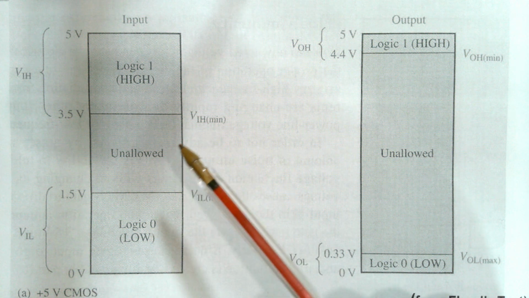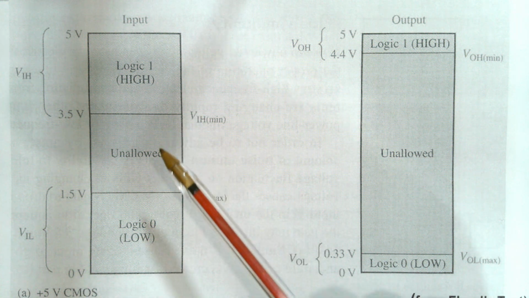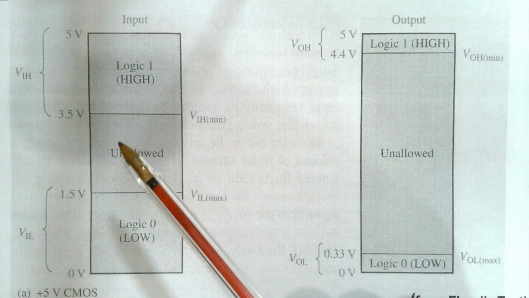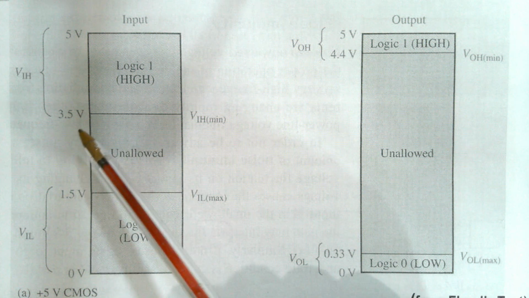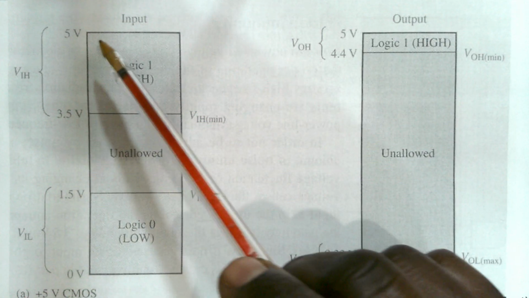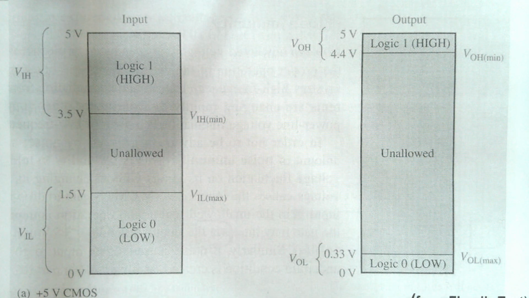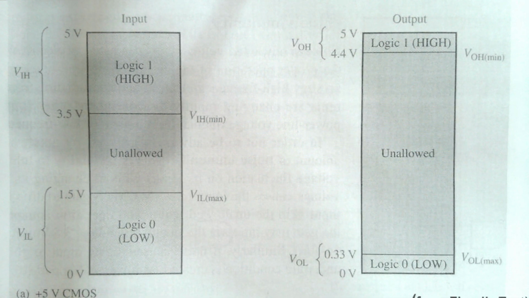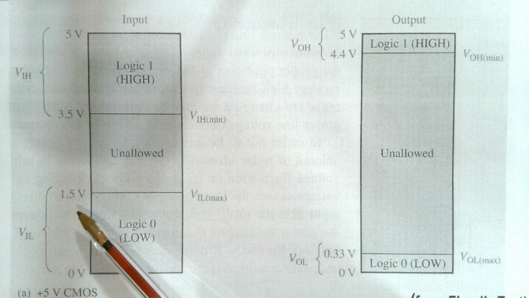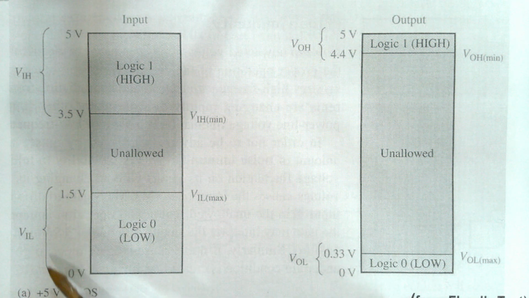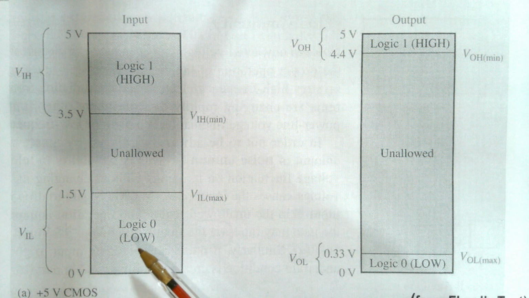So for plus 5 volt CMOS technology, the range of voltages that are going to be interpreted as a logic 1 is between 3.5 volts and 5 volts. So you have a 1.5 volts range on the upside which would be interpreted as logic 1s. On the logic low side, the range is 0 volts to 1.5 volts. Any voltage within that range would be interpreted by the technology as a logic 0.